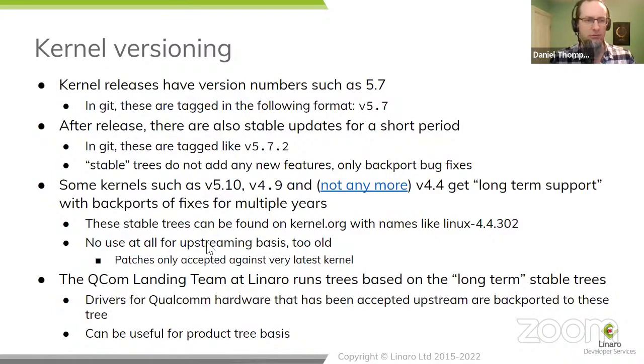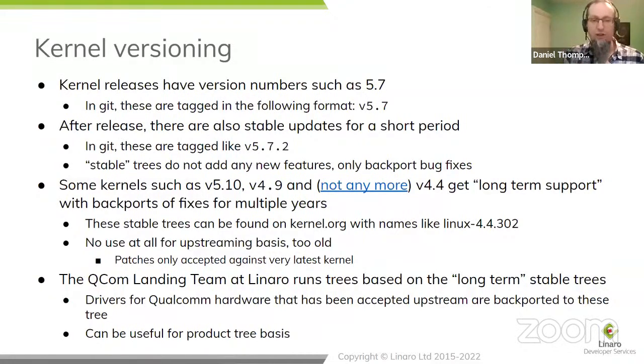No stable kernel, not even the stable kernel, is an acceptable upstream for sending patches. Patches should always be against the latest Linus Torvalds kernel. And then finally, a strategy that's quite common. It's an example that the Qualcomm landing team adopts, among others, is to provide trees for starting products on that are based on long-term stable trees.